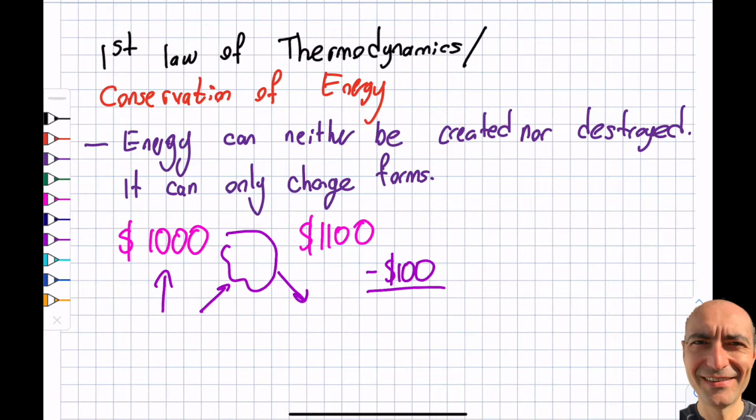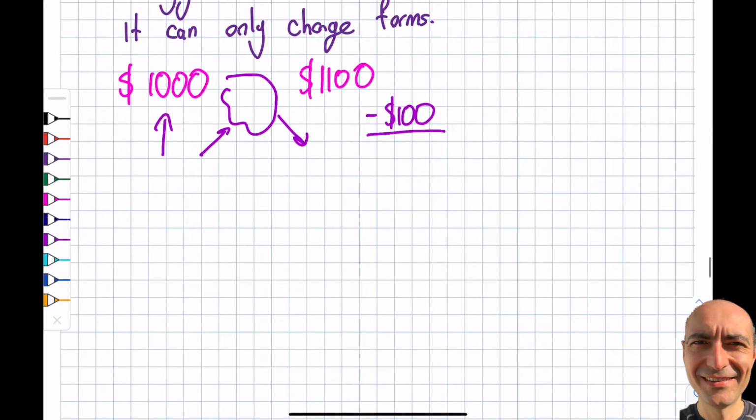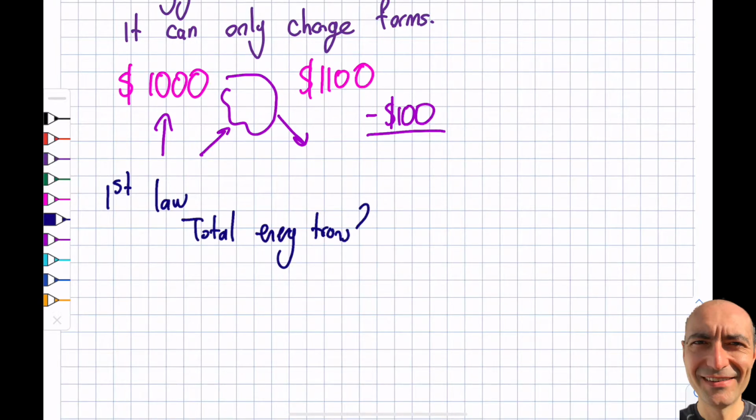I'm going to look at the change in the energy. And if I want to write it this way, the first law says: total energy transfer into the system, total energy transfer out of the system. We talked about total energy transfer, and the methods of it.